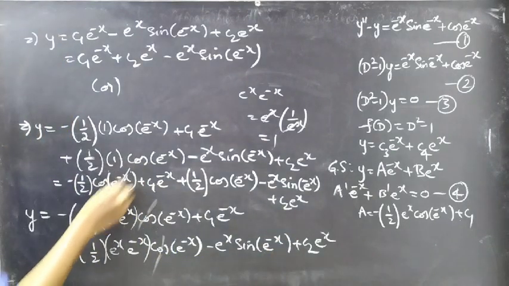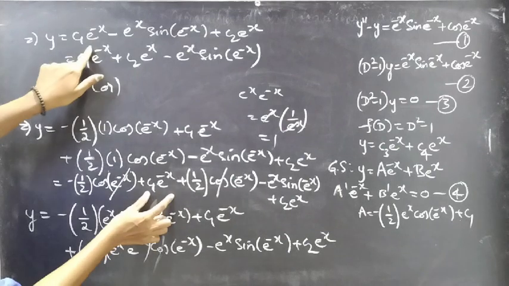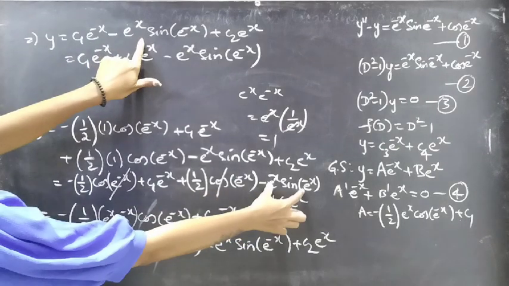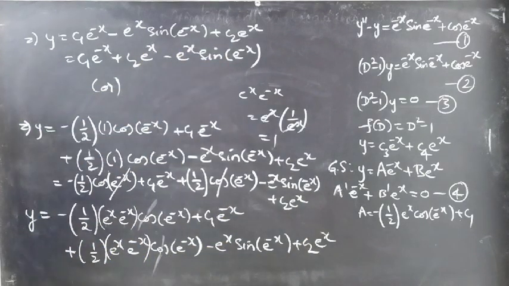So here we can cancel minus 1 by 2 cos e power minus x and plus 1 by 2 cos e power minus x. Again you'll get the same thing, c1 e power minus x minus e power x sin e power minus x plus c2 e power x.